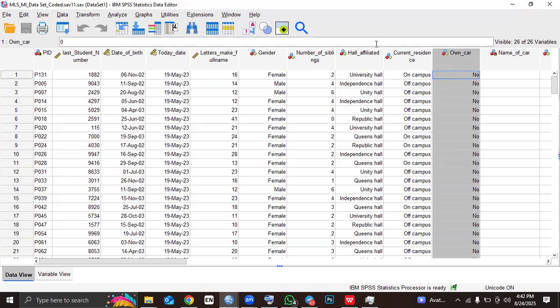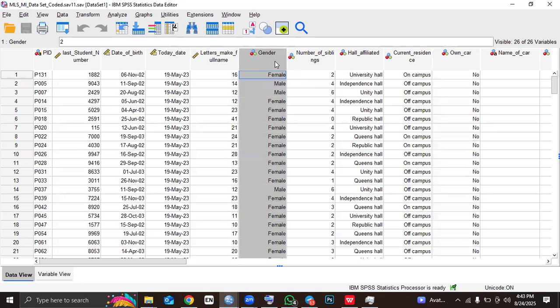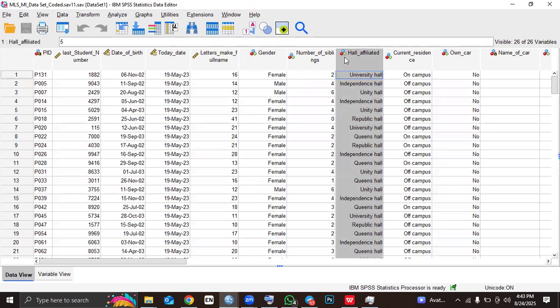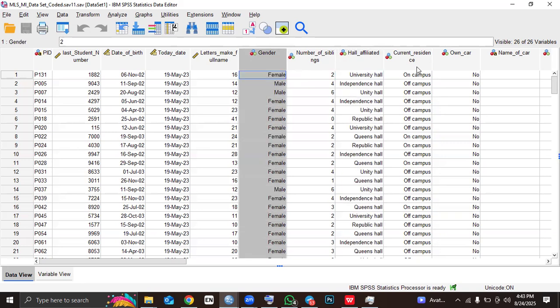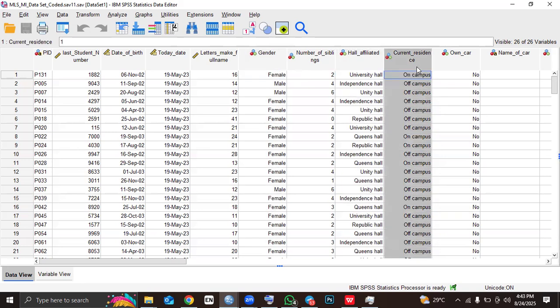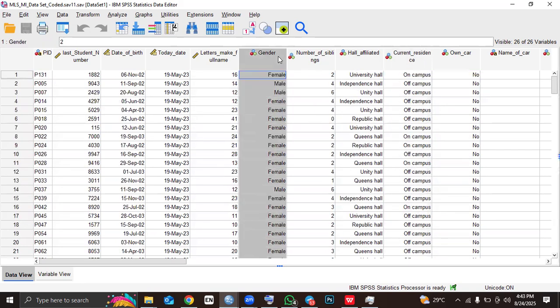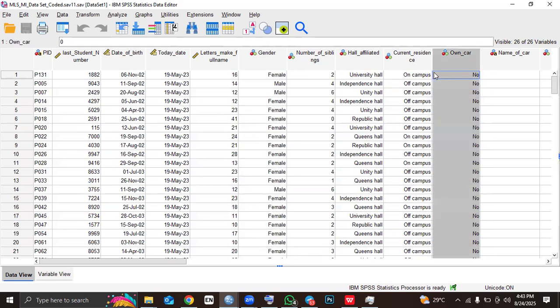We can also do another example, such as gender and hall affiliation, or gender and current residence. Good. So in this example, we'll be doing gender and owning a car.